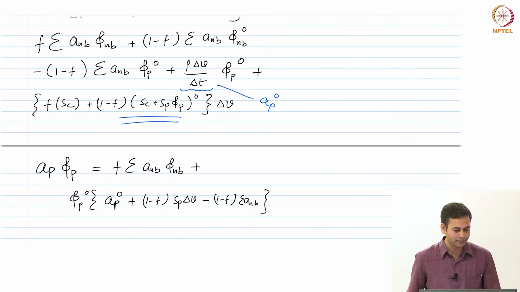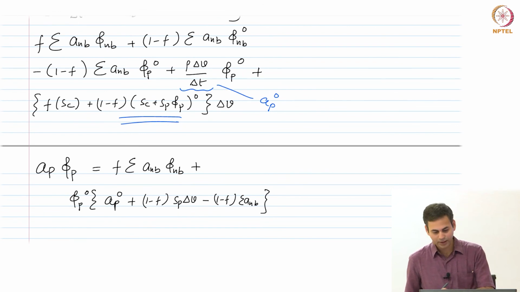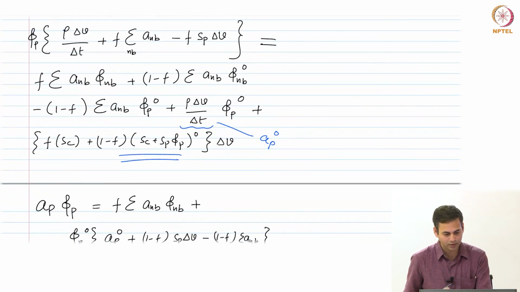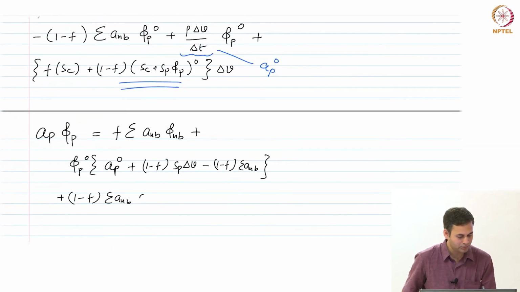What else is remaining? What is remaining is basically the phi NB zeros. So that is plus 1 minus F times sigma A NB phi NB 0, plus this entire thing, which we would call some B term.